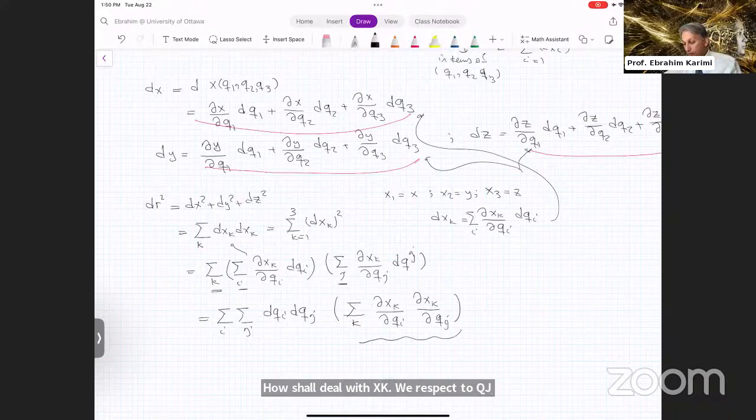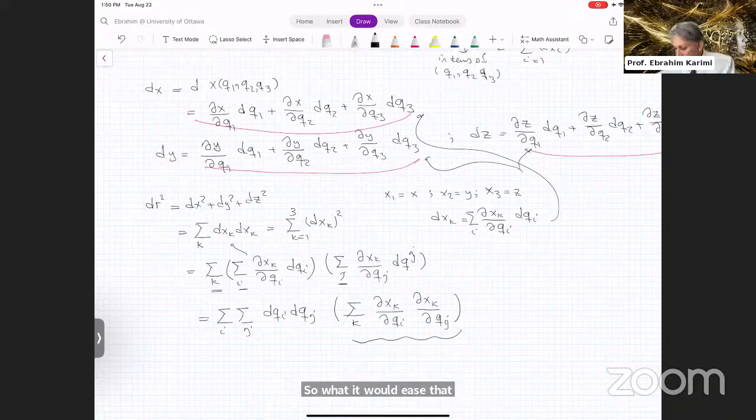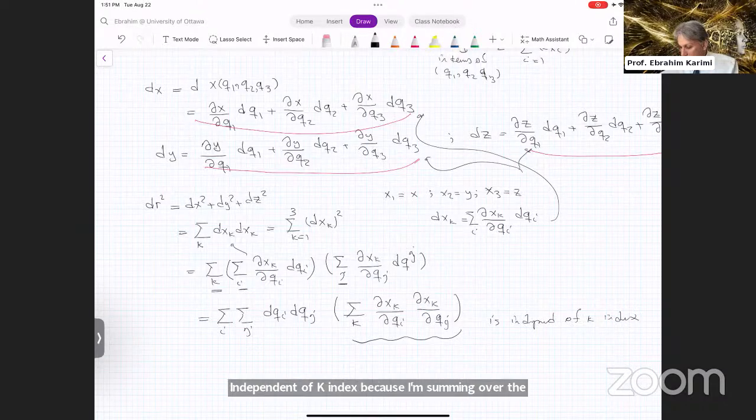So whatever that is, it is independent of the k index, because I'm summing over k. So the result of this is a function that depends on i and j, and I call it g_ij.